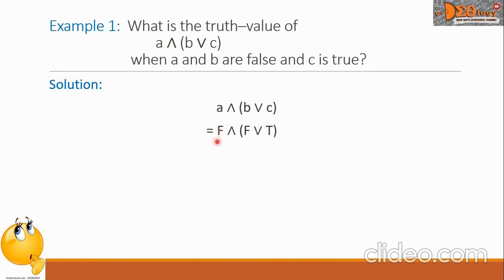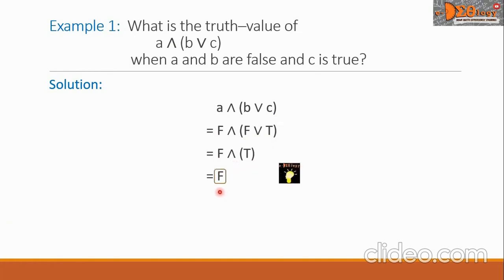The A is false, the B is false, and the C is true. Now, because of the parentheses, we shall simplify this operation first, false or true. We know that the truth value for false or true is true. Now, the false and true is false. This is our final answer.